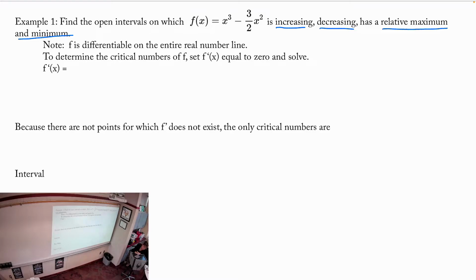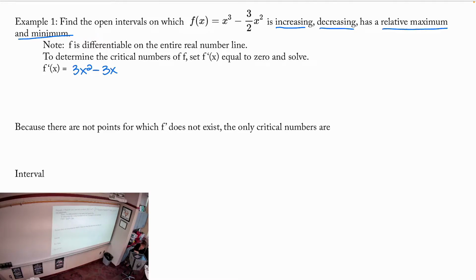Alright, so I'm going to take the derivative because I want to find critical numbers. When I want to find critical numbers, my first step is to take the derivative, set it equal to 0, and solve for x. The derivative of x cubed is 3x squared. The derivative of 3 halves x squared is minus 3x, so bring down the 2.